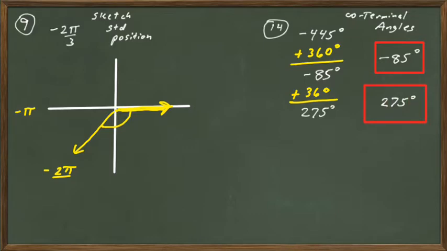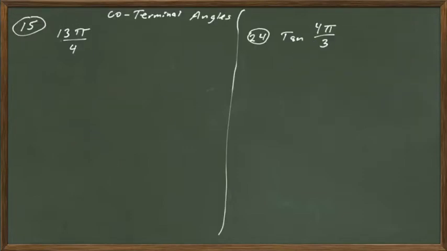Let's do the same thing in radians. Instead of adding 360 degrees, you're going to add or subtract 2 pi radians. So this is already positive, so I might have to subtract. 2 pi is 8/4. So 13/4 minus 8/4, I think makes this 5/4.